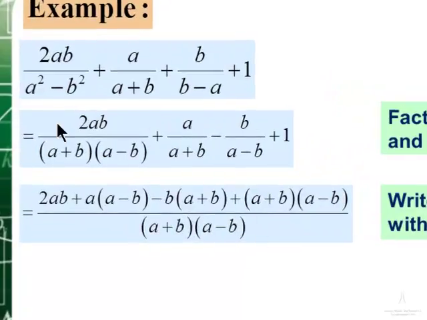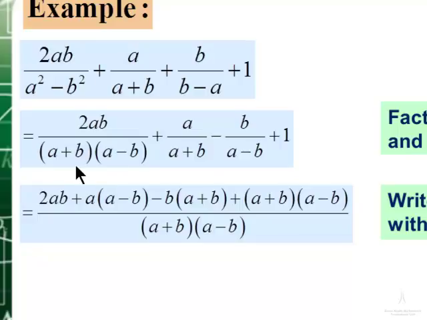Clearly the LCM of the three denominators as well as the plus 1, which is the denominator of the fourth term, will be a plus b times a minus b, just the product of these two as we've seen. So in this case it's just a matter of multiplying the numerators in succession by the part of the new LCM denominator which wasn't previously present for the single term as such of this particular sum.